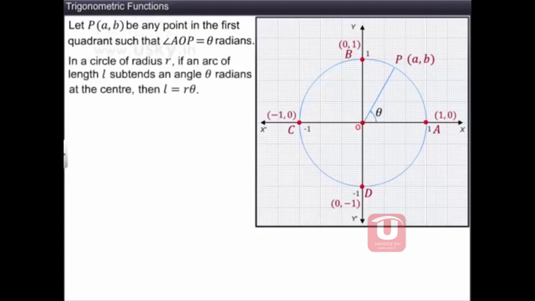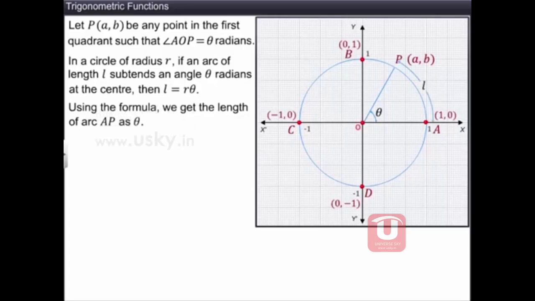We know that in a circle of radius r, if an arc of length L subtends an angle theta radians at the center, then L is equal to r theta. Using the formula, we get that length of arc AP is equal to theta.